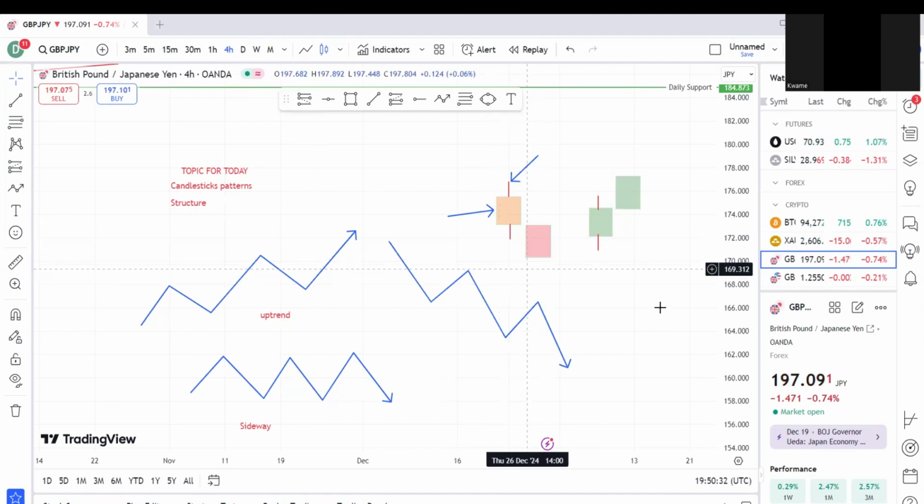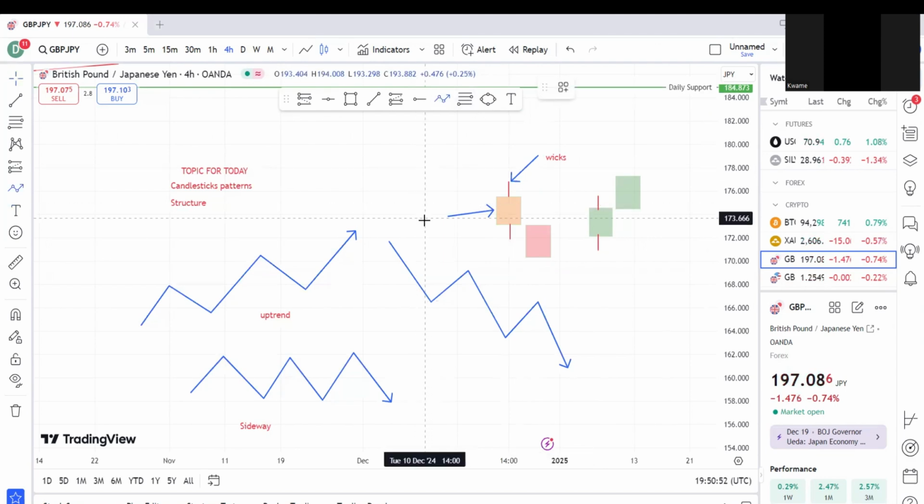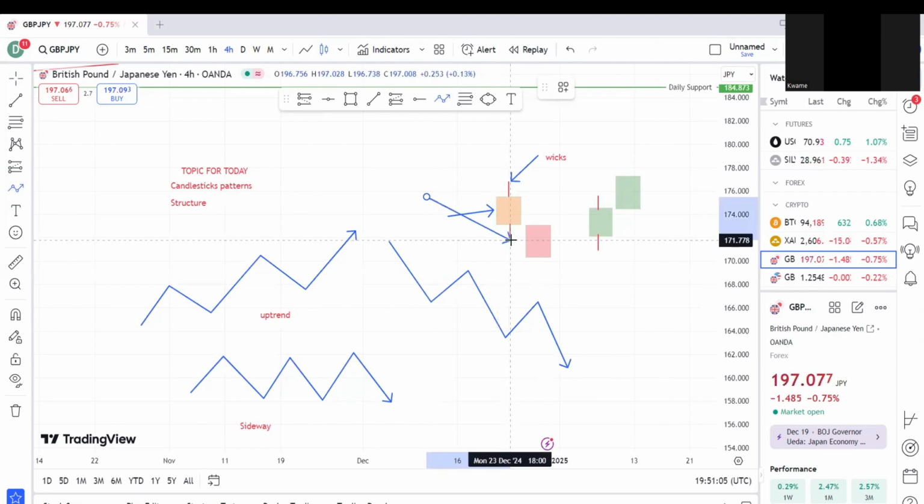Now the wick also shows something. Wicks tell us the past of a price. They tell us where price has been before price closed. So let's say price opened at this level, it went up to this level, it couldn't stay there, then price came back down and entered this level, and it couldn't close there either. Let's say you're using a 1 hour candle.